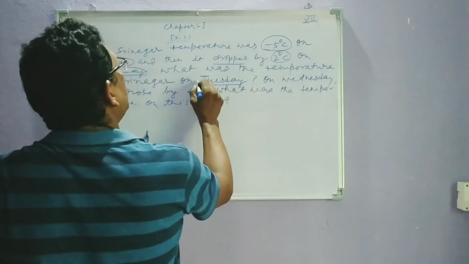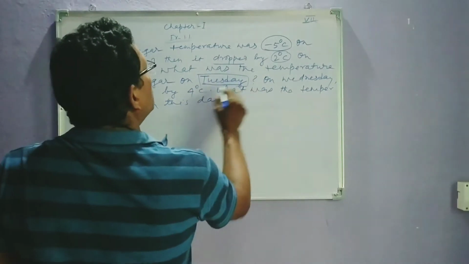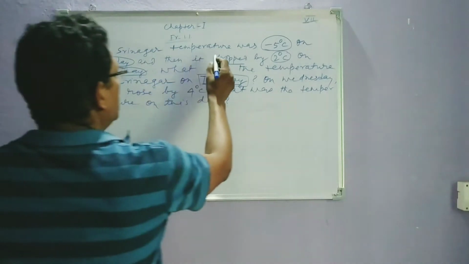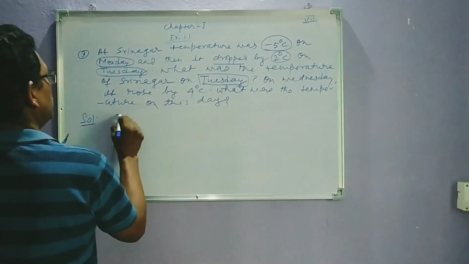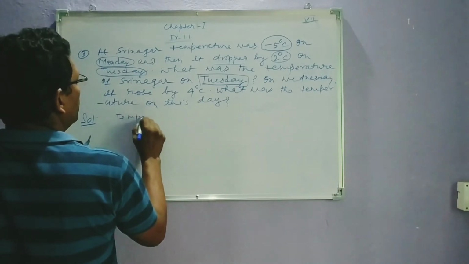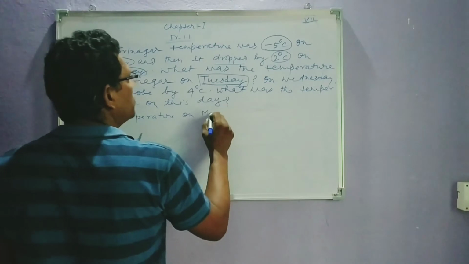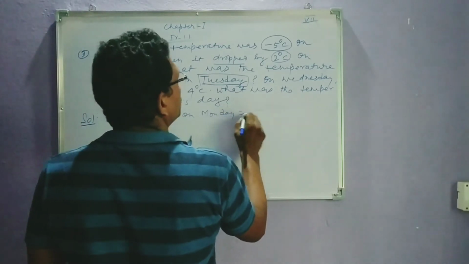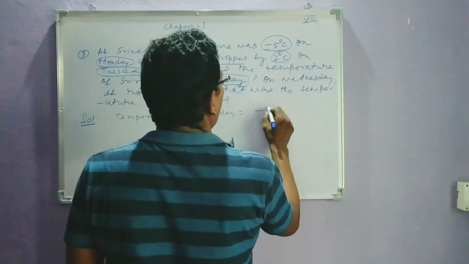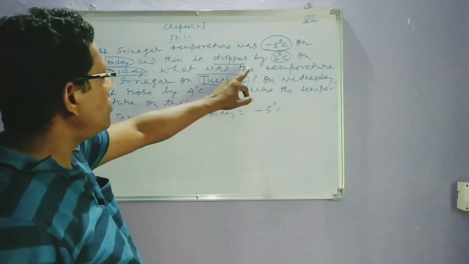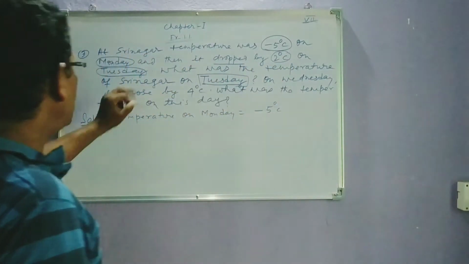We have to find out the temperature on Tuesday. So on Monday, it is minus 5 degrees Celsius, and then it dropped down by 2 degrees Celsius on Tuesday.